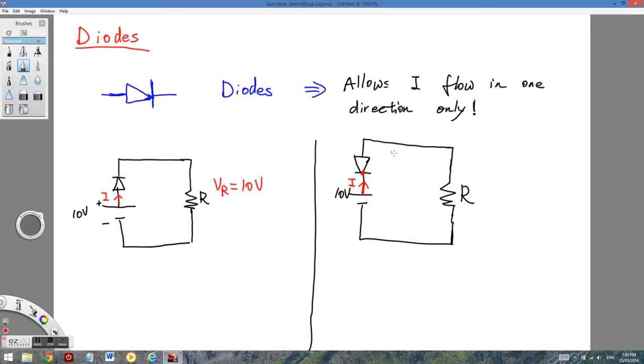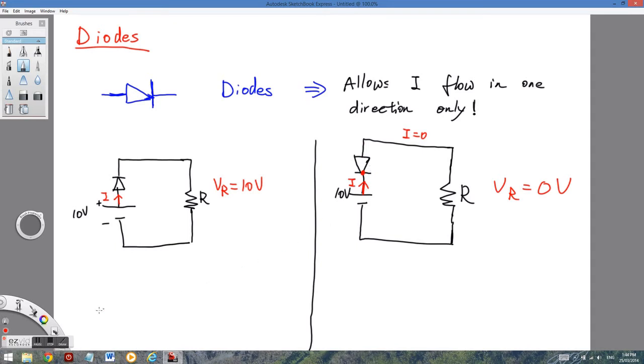As a result, there will be no current. The current will be zero. There will be no current traveling through the resistance, and the voltage across this resistor will be 0 volts, because the diode just stops the current from traveling through it.